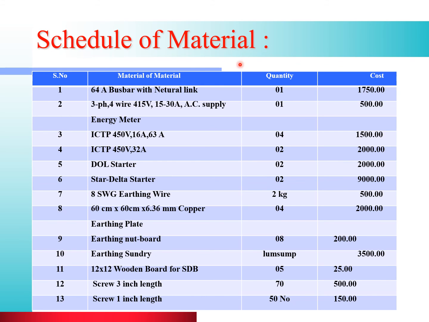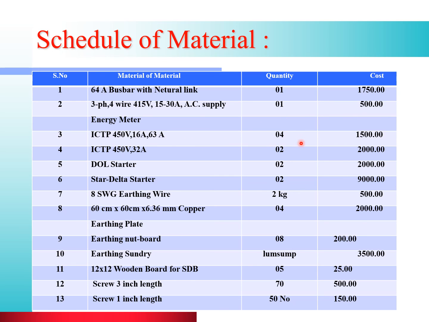Here is the schedule of material. As we have seen in the last video lecture, same here, 4 motors are required, so the schedule of material will slightly change as per the 4 motors. Bus bar with neutral link, one quantity is required for taking the connections. Then 3-phase 4 wire 415 volt AC supply energy meter is required, that is 1.